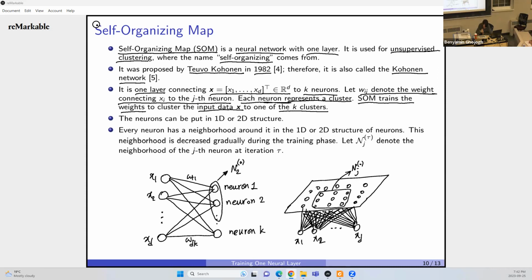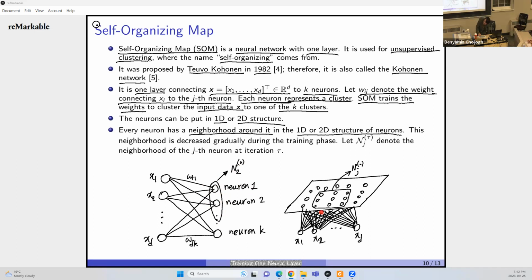The neurons can be put in 1D or 2D structure. Sometimes when they want to make a cool visualization, they put neurons in a 2D structure. Doesn't matter, 2D, 3D, 1D. We can put them on the plane. Every neuron has a neighborhood around it in the 1D or 2D structure of neurons. For example, in 1D, the neighborhood of neuron 2 is some neurons around it.